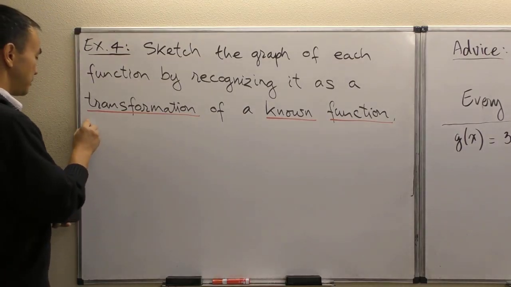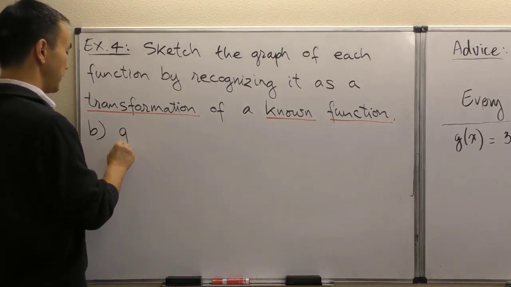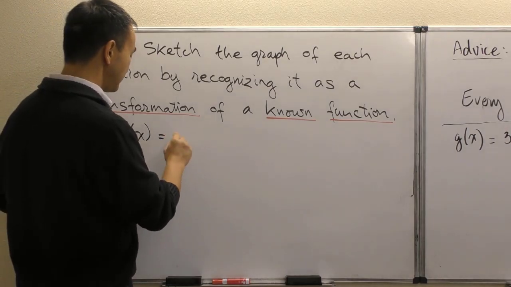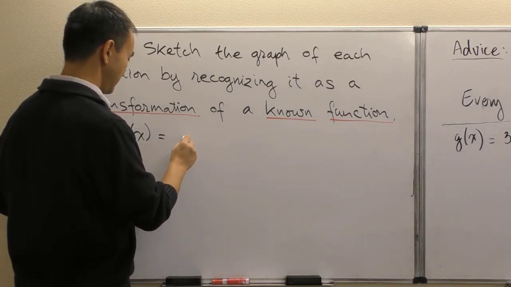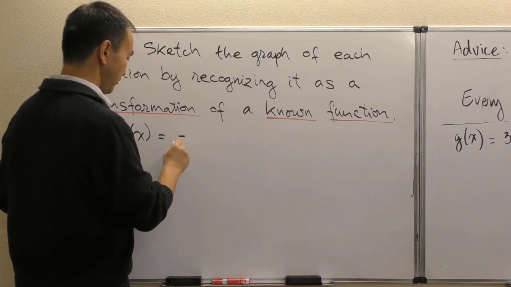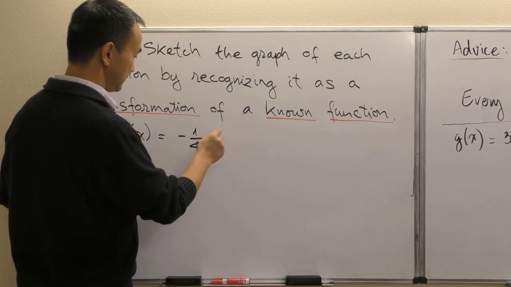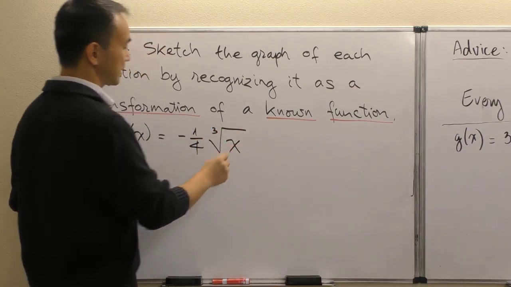All right, so for part B right here, let's look at g of x defined as negative 1/4 of cube roots of x.